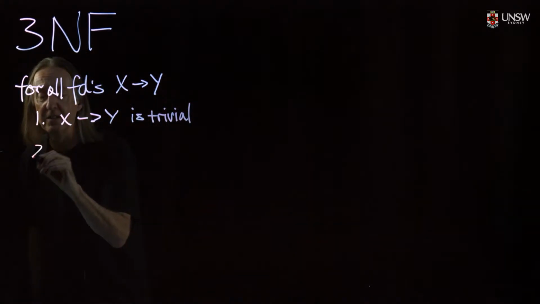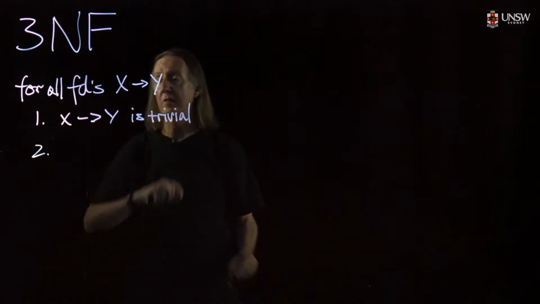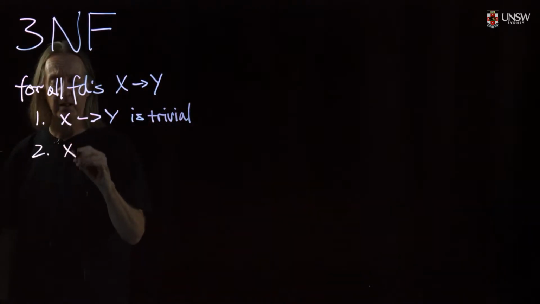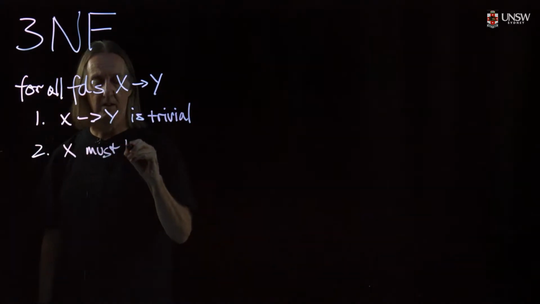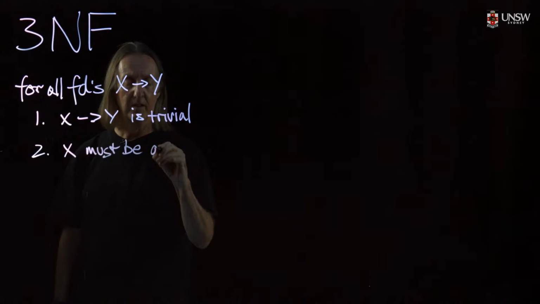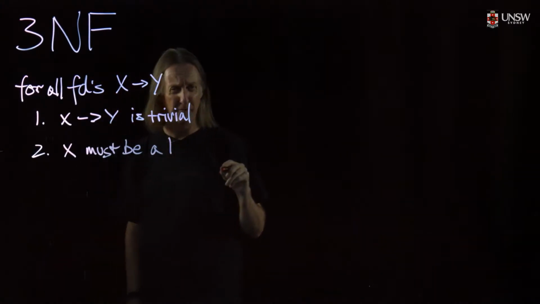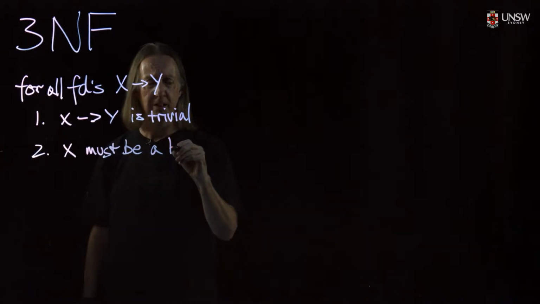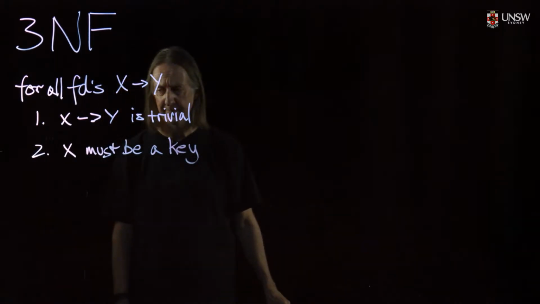And the second condition, which is the important one for BCNF, was that the left-hand side has to be, the normal phrasing of the definition is, part of a superkey, but let's just say that it basically has to be a key.